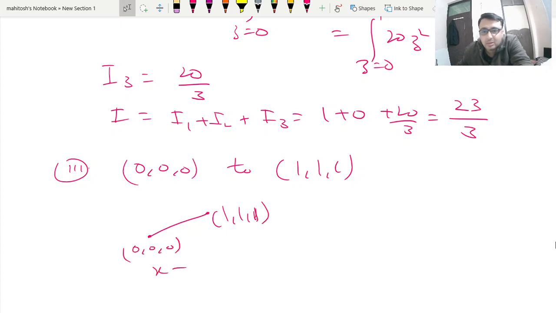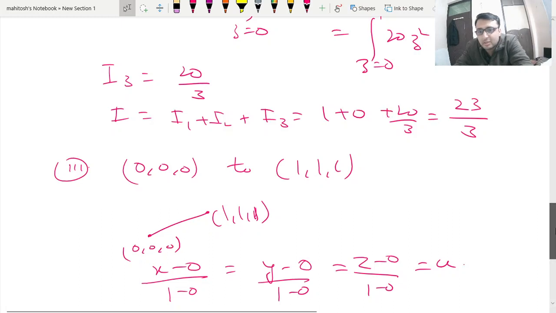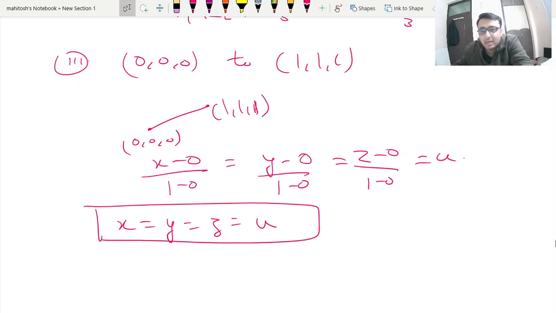So if you can write equation of line 1 minus 0, z minus 0, and if I call it as u, so I am just parameterizing it. So x, y and z are equal, and they are equal to u. And you can very easily see the limits of u run from 0 to 1.